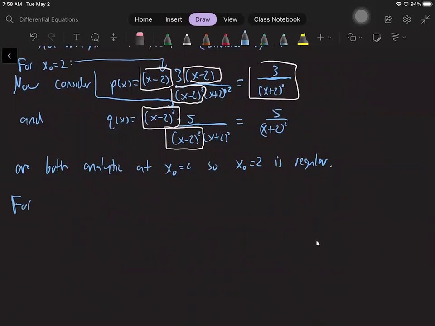Okay, so for x equals -2, when I do the same thing, I'm going to multiply by x plus 2, since x minus -2 is x plus 2, to my function in front of the y prime.